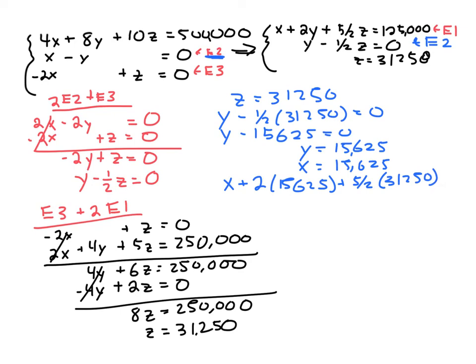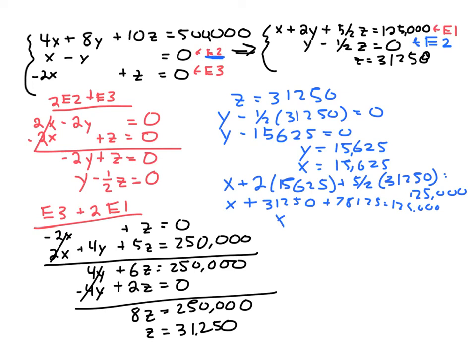Okay. This equals, I ran out of room, so 125,000. Right, so I'm looking at this equation here, and I just plugged in everything. If I were to solve for x, I would have x plus 31,250, and then 5 halves, that's 78,125. Okay, and that equals 125,000.